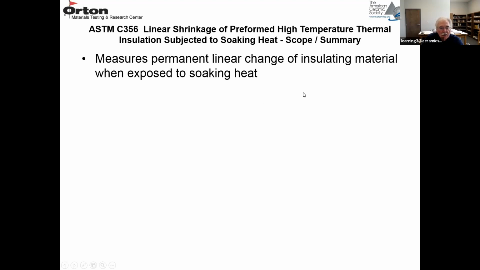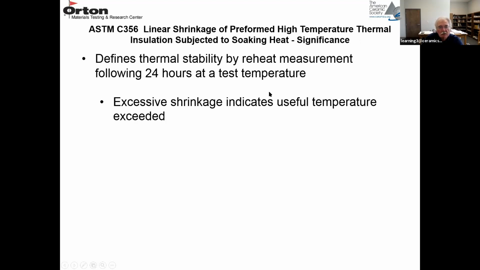They call it a soaking heat because you hold it for 24 hours. So you define the thermal stability by reheating for 24 hours at a particular test temperature. If you have excessive shrinkage, that indicates that the use temperature has been exceeded. You obviously aren't going to use a material that shrinks at your use temperature.